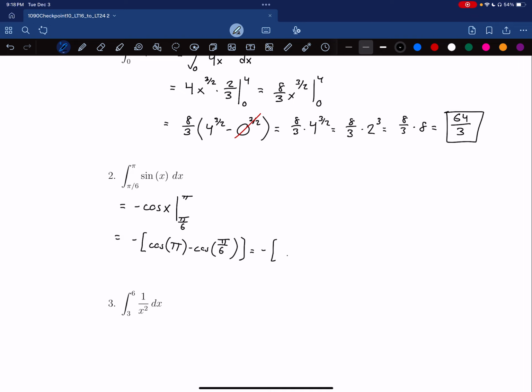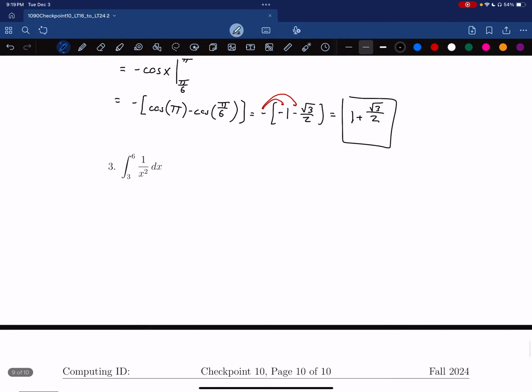Cosine of pi, using our unit circle, is -1. Cosine of pi over 6 is square root of 3 over 2, but we're subtracting it. We can distribute that negative out in front, and we get 1 plus square root of 3 over 2. You could simplify that a little bit more. I'm just going to leave it like that.